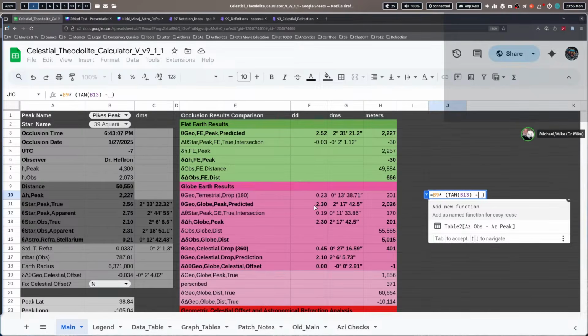That looks too high. No, it's half of the distance angle less than that. Oh, actually, the terrestrial drop, you've got it as F16, but that's actually the same. So that's mixing up observed and predicted. So I think 210 is the actual predicted.